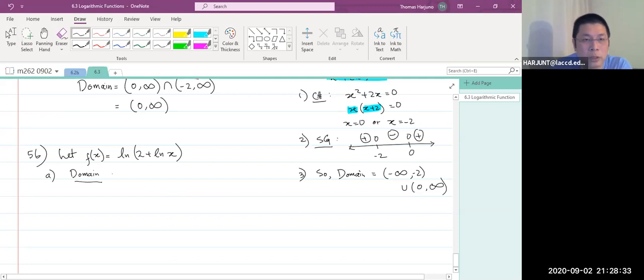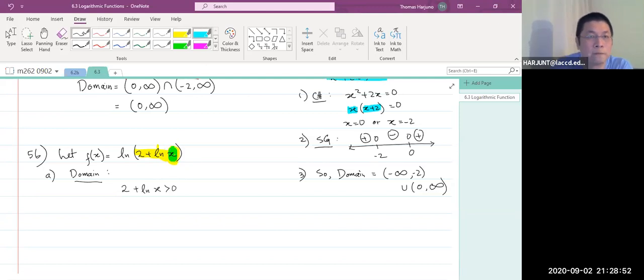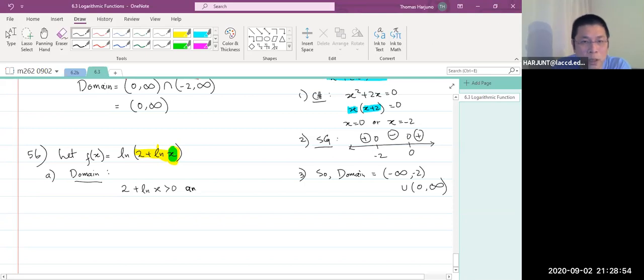Well, there are two things we need to satisfy. First, 2 plus ln x has to be positive, right? This guy here has to be positive. And of course, this one here also has to be positive. And ln x has to be, I'm sorry, x has to be positive.